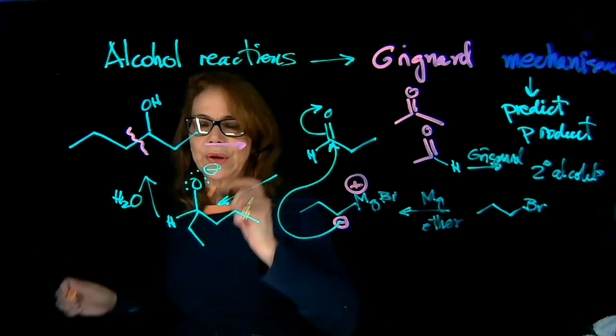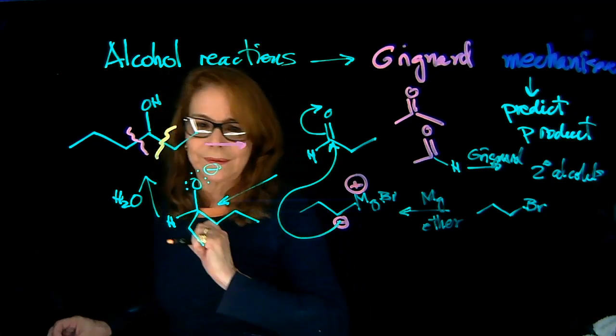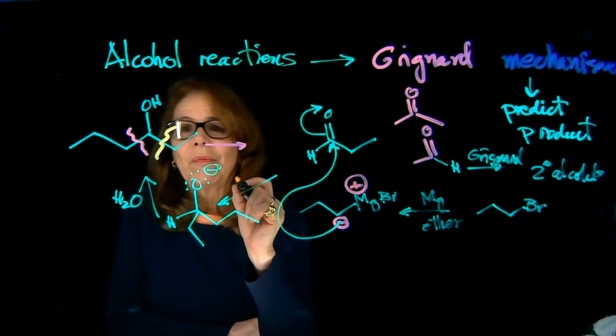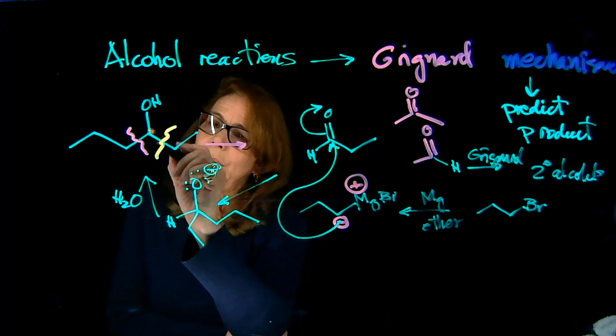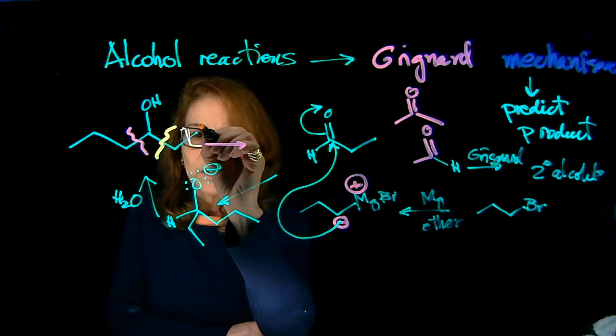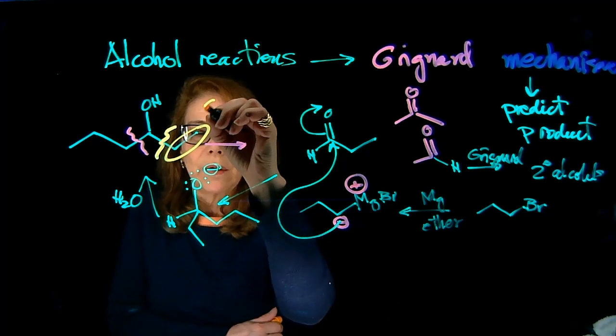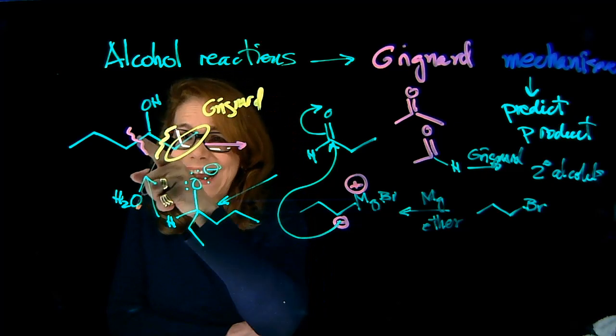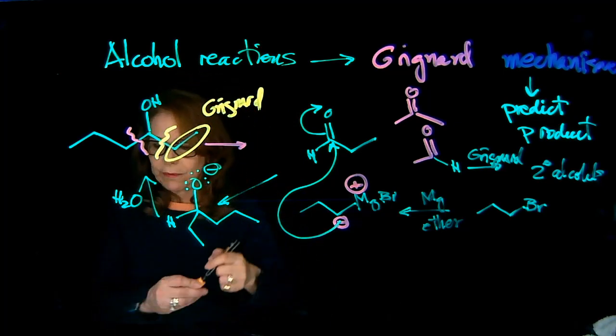And I'm going to now disconnect this side. If I disconnect that side instead of the other, now I can make another aldehyde. So right here where I disconnected, this fragment will come from a Grignard, and the other fragment that has the oxygen will come from an aldehyde.